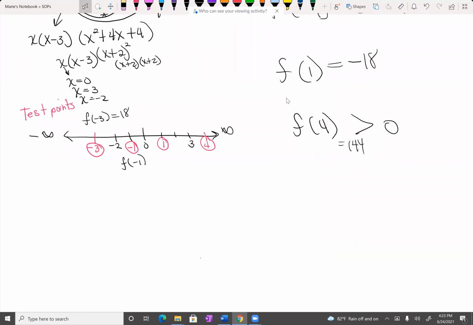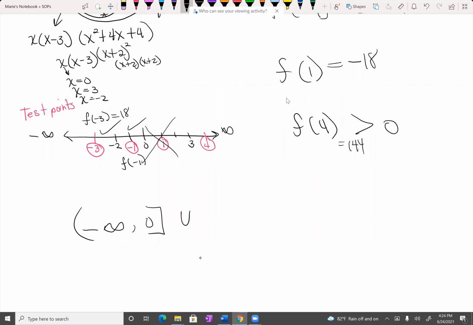So when we stop and we actually look at the solution, we would say that in this case we have from negative infinity, because this was good, comma 0 inclusive, union, and then we dismiss the 1 interval because that gave us a negative number.